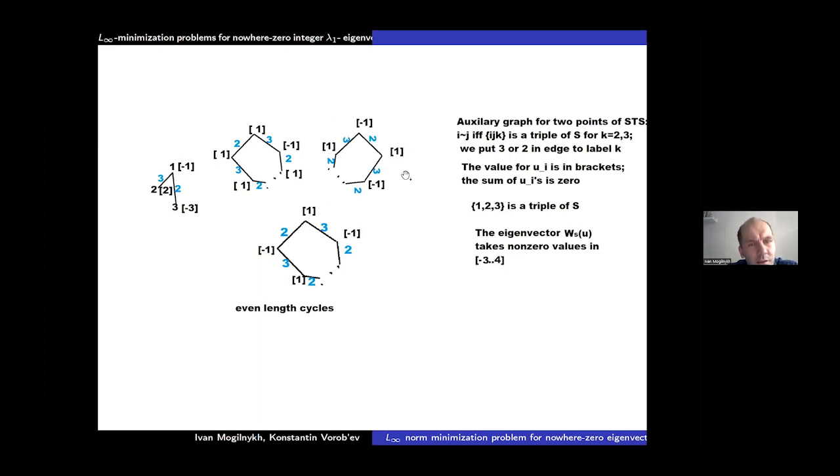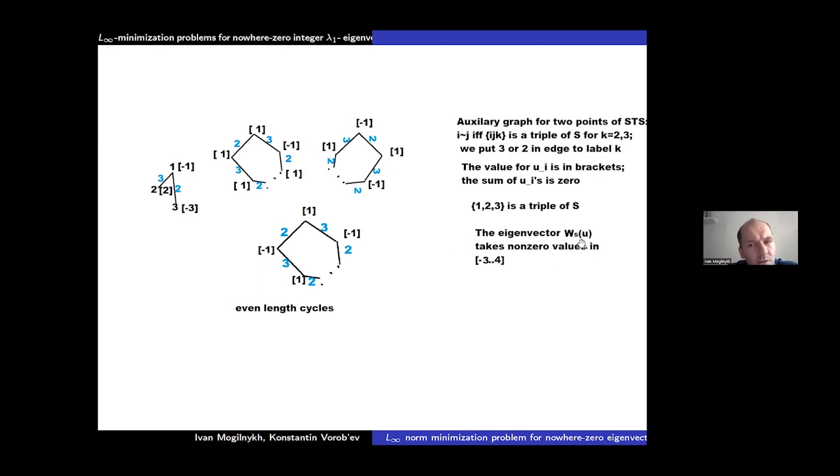For all remaining cycles, we do just the alternating procedure. So -1, 1, -1, 1, and so on. So we see that the sum of all values on the vertices of the complete graph is just 0. We have moreover the property for the eigenvector of the block graph of Steiner triple system, also having non-zero values.